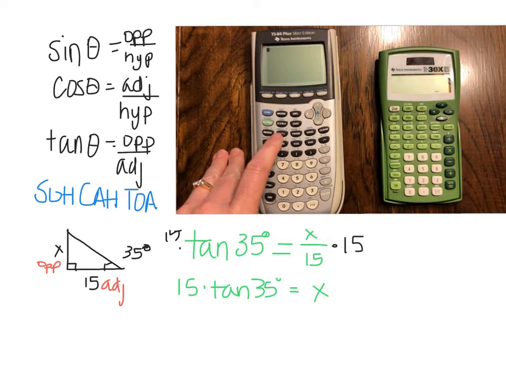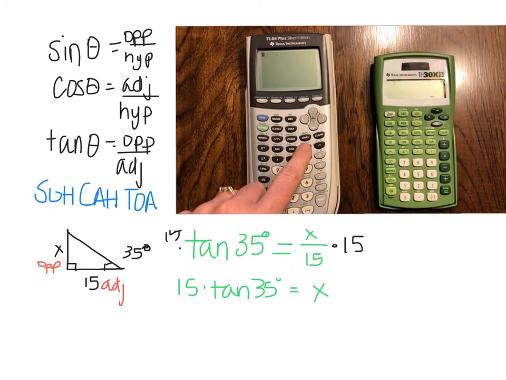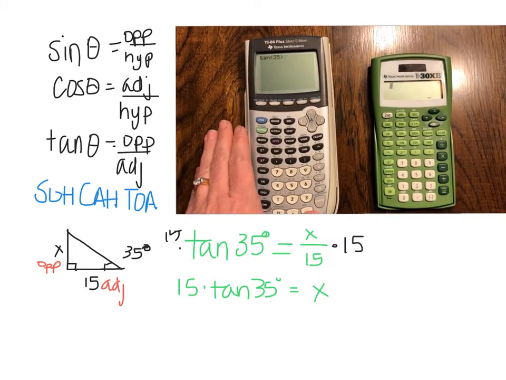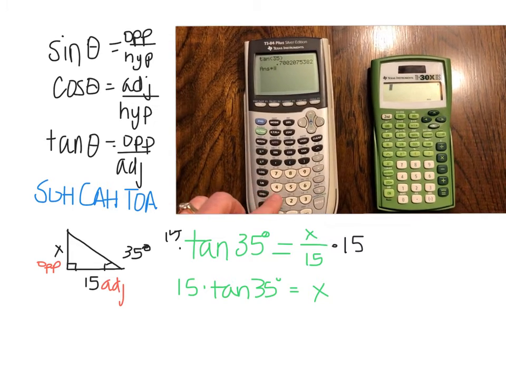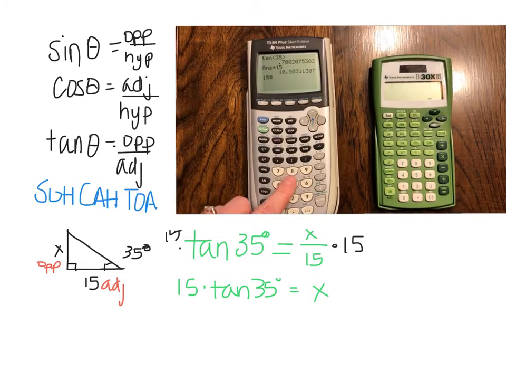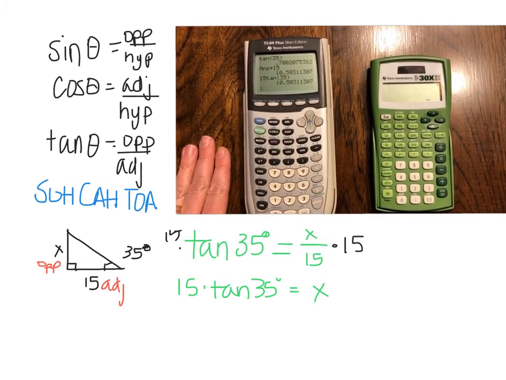Now, there are two ways that we could plug it into our calculator. So watch this video up above. You can see the first way is we just hit the tangent button and do the tangent of 35 and hit enter. And then we can multiply it by 15, which gives us an answer of 10.5. Or we can type it straight into our calculator as 15 times the tangent of 35.